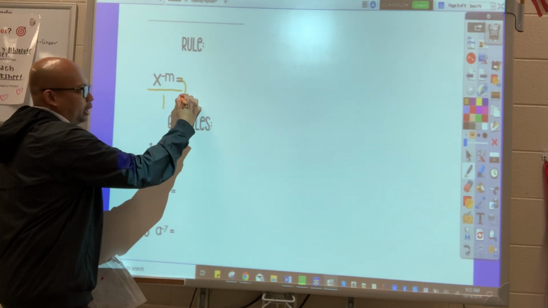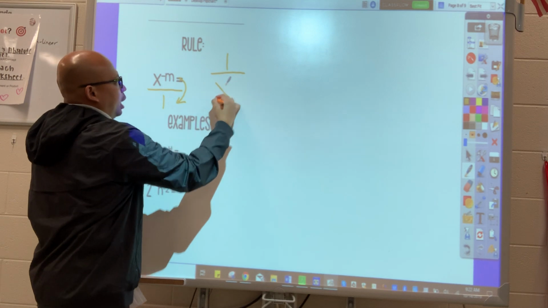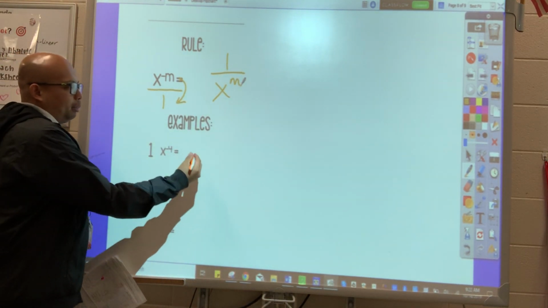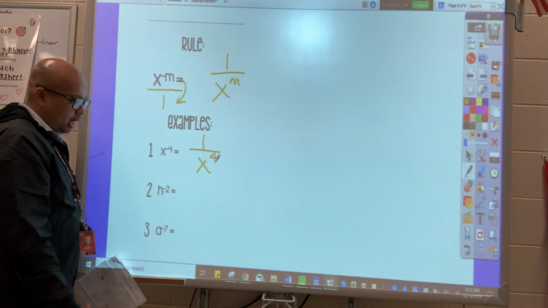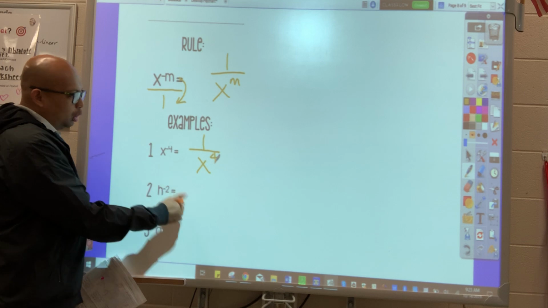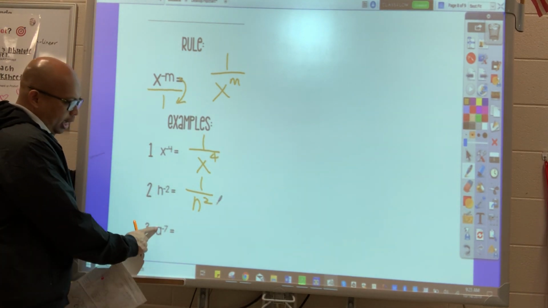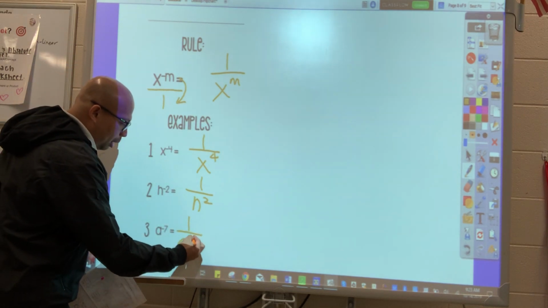It means that you have to bring it down to make it positive. So this becomes 1 over x^m. If I have x^-4, that becomes 1 over x^4. If I have n^-2, that becomes 1 over n squared. If I have 8^-7, that goes 1 over 8^7.